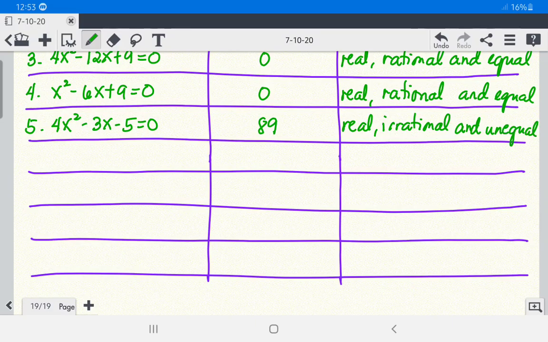Then number 6, we have x squared minus 2x minus 7 equals 0. We have positive 32. So, as you can see, 89 and then 32, they are greater than 0 but not a perfect square. So, their roots are real, irrational, and unequal.